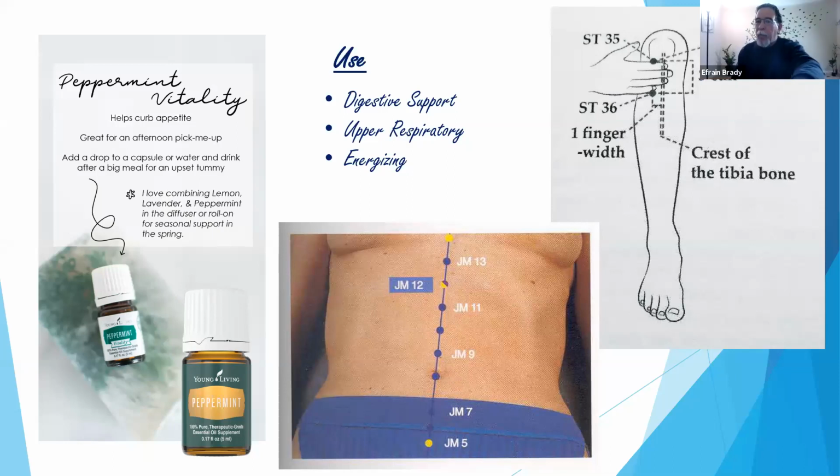Yeah, the JM12, how to locate it, is the middle point between belly button and sternum. So it's in this area. But again, usually when I use those oils, I just place enough and do a gentle, circular massage.